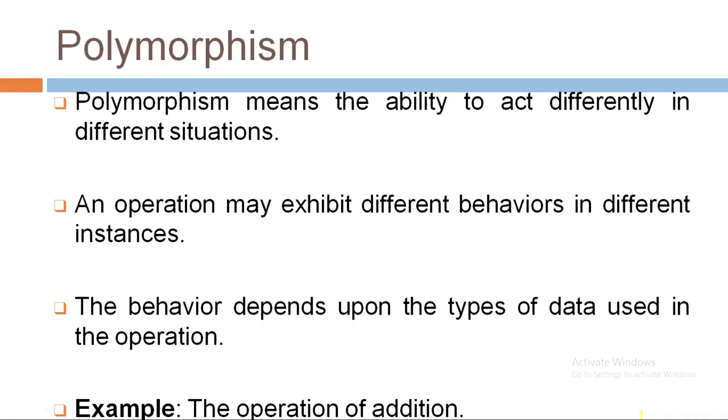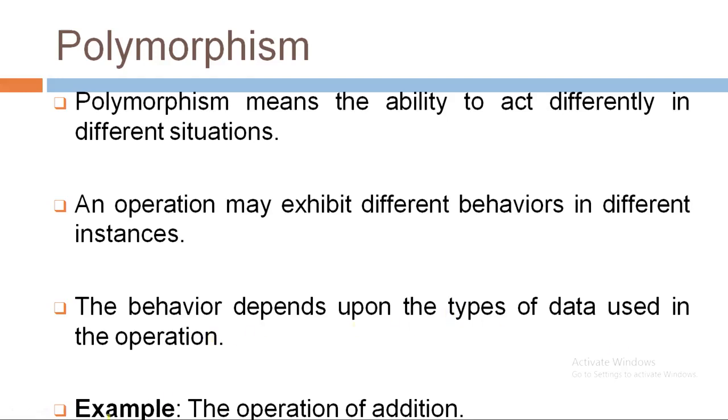A single thing or single entity acts differently in different situations. That's why it is known as polymorphism. So we can say that an operation may take different behaviors in different instances. That means at different times a particular function or operator behaves differently. So the behavior depends upon the type of data used in the operation.